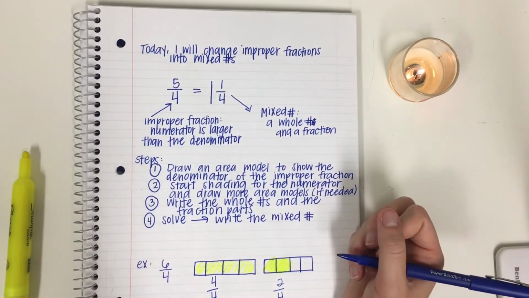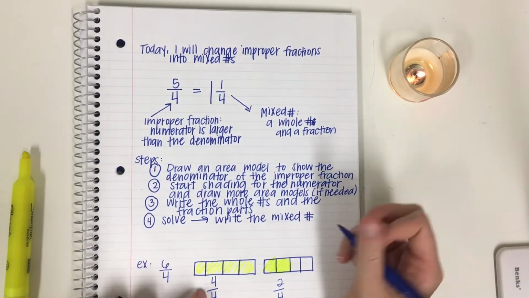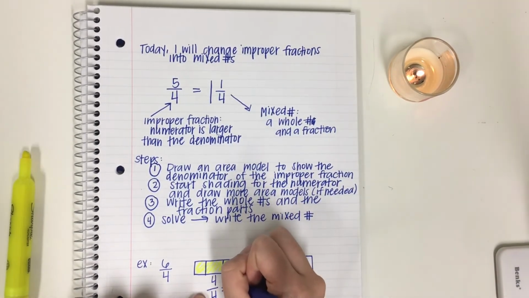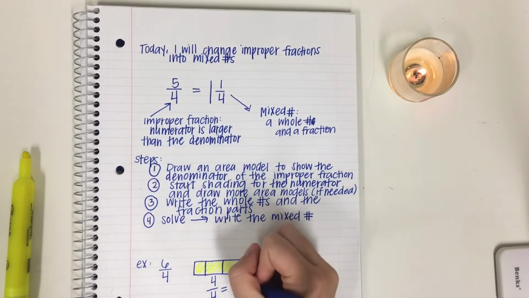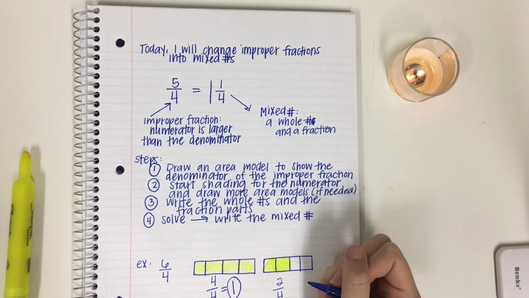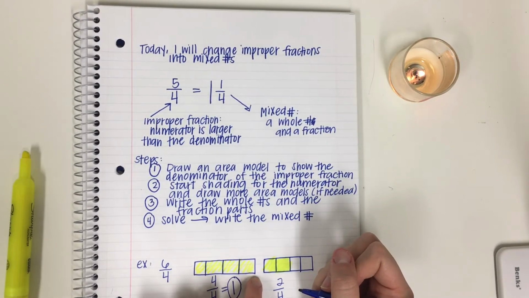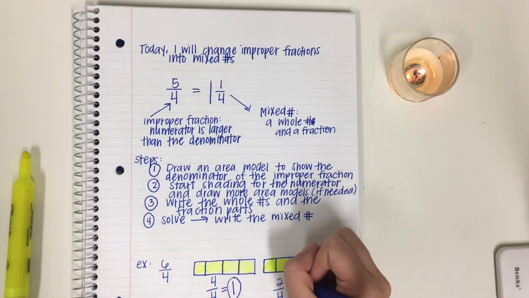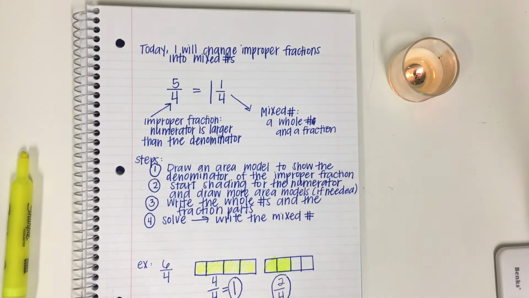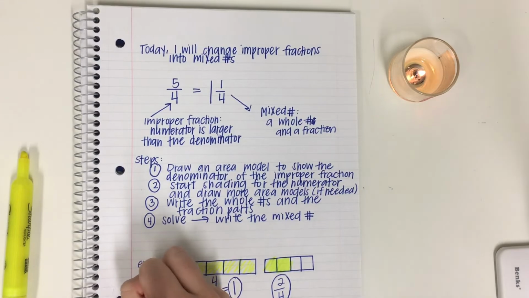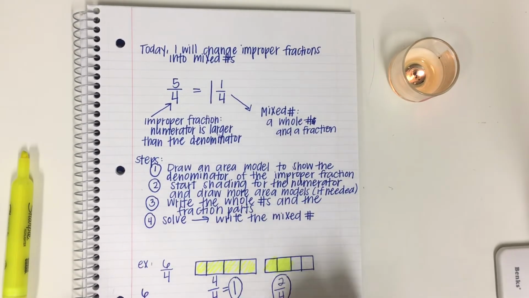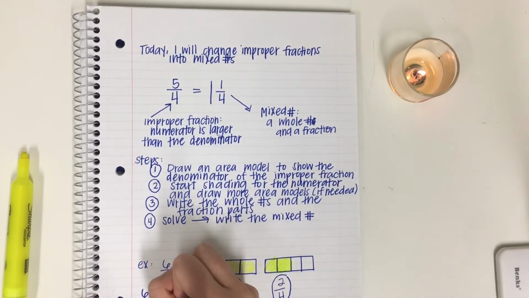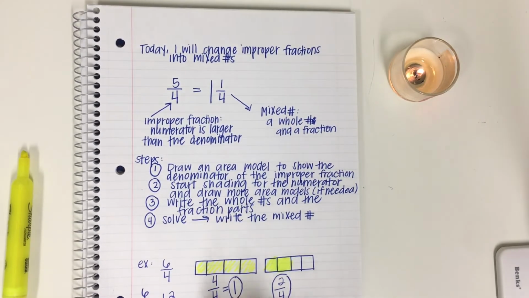Okay, I do have a whole number here, right? 4/4 is equal to the same thing as 1. So I have 1, right? Because I have 4 parts. I shaded in all parts, so that is a 1. And then I have 2/4. Okay, so I know that 6/4 can be changed into the mixed number of 1 and 2/4.